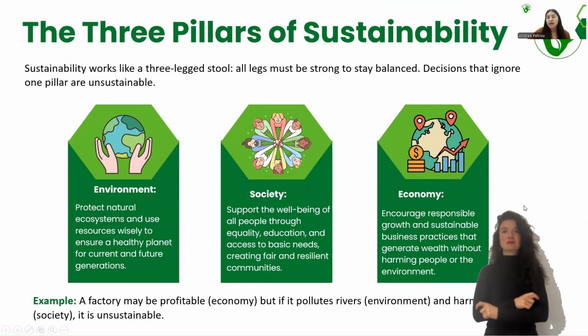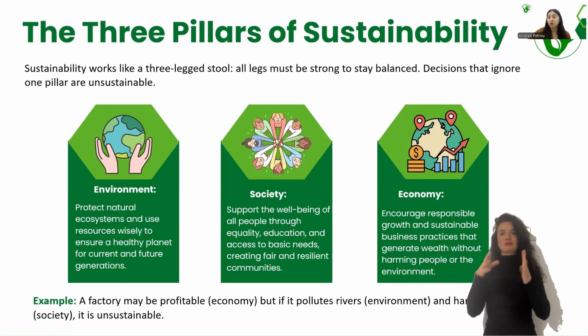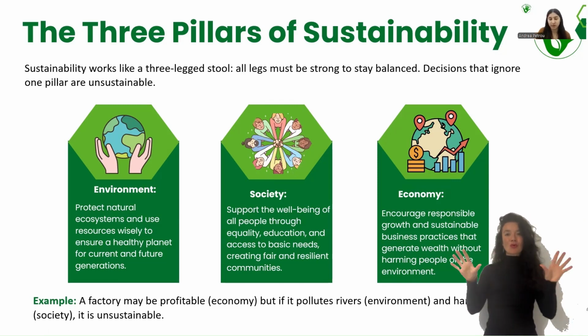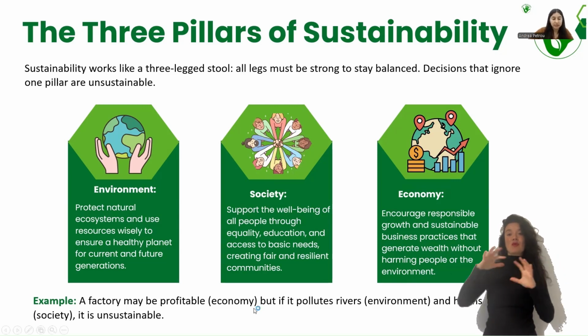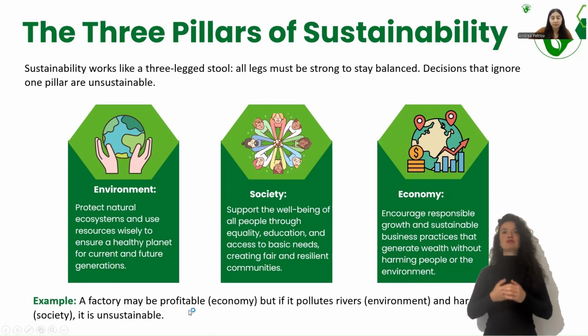And economy is about encouraging responsible growth and sustainable business practices that generate wealth without harming people or the environment. We have here an example. A factory may be profitable, so we are affecting the economy positively, but it pollutes the rivers, so we have a negative impact on the environment, and it harms communities, a negative impact on society. So this is an unsustainable example.